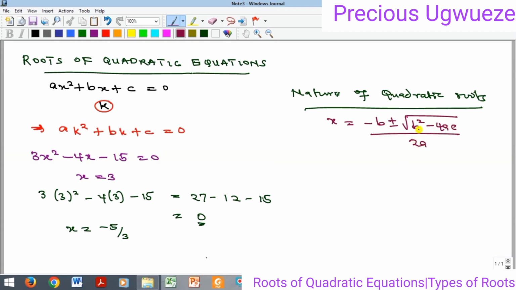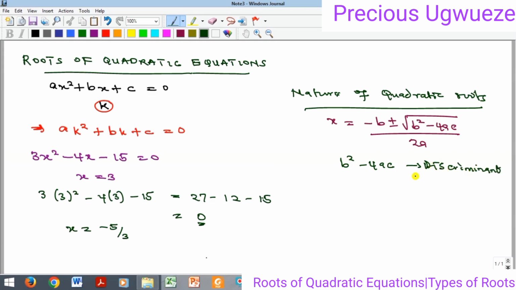Okay, so what does that mean? You would see that from this equation, that particular expression under the square root, that is b squared minus 4ac, is usually called the discriminant of the equation.